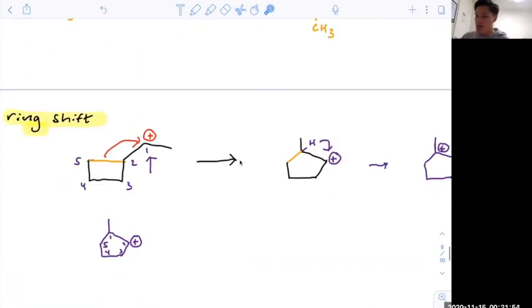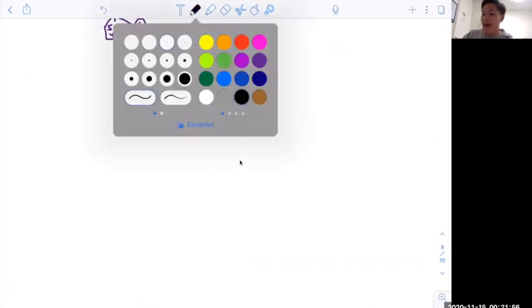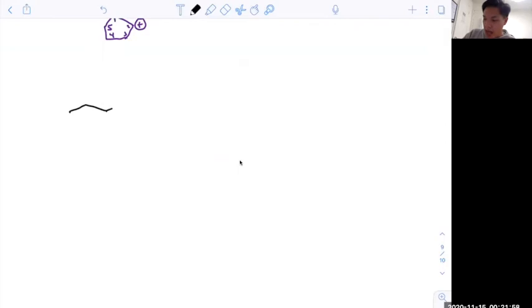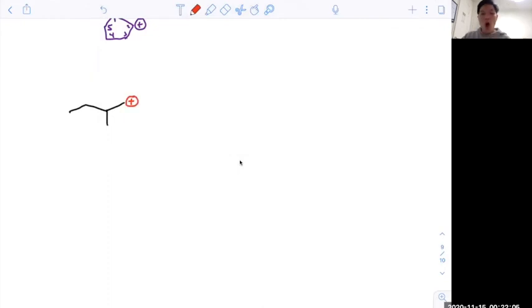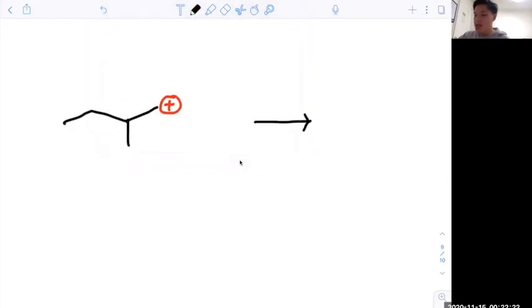So the moral of the story here is, whenever you form a carbocation, always, always look to the left and to the right and up and down from it to see if there are any places that it can be stabilized even further. So for example, we have this, right? Let's look to the right. There's nothing to the right.